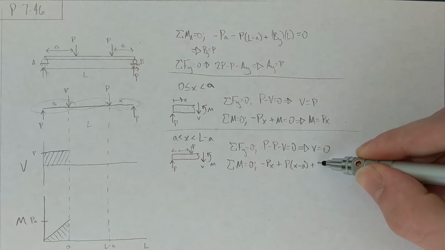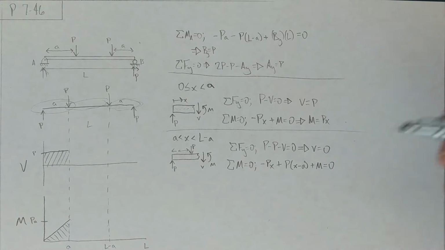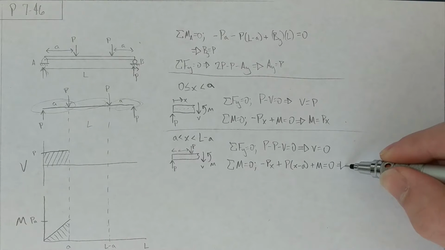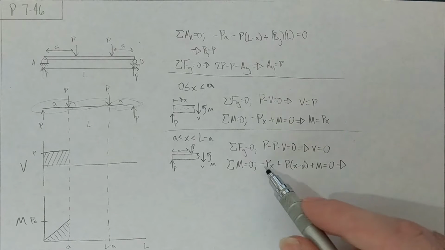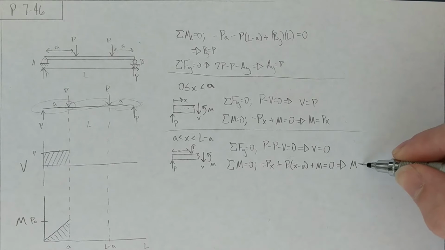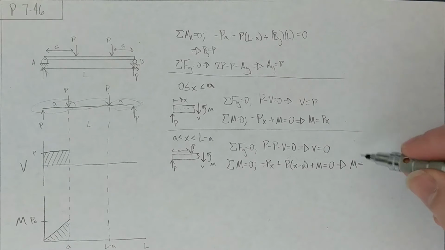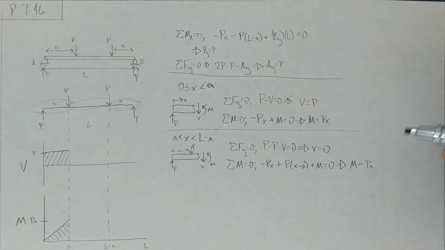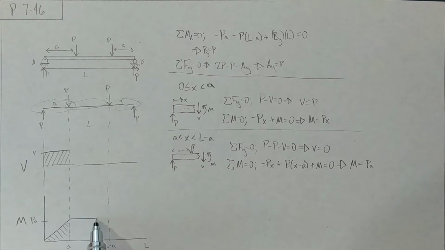Plus our M is going to equal 0, and we figure that out. We got that cancels with that. We've just got a PA and an M. We get M equals PA. And now Px down here, that was our varying, but A is just a constant distance, and we actually got up to the value of PA with that first one, right? I mean, as we'd expect. So this is just going to be a constant.